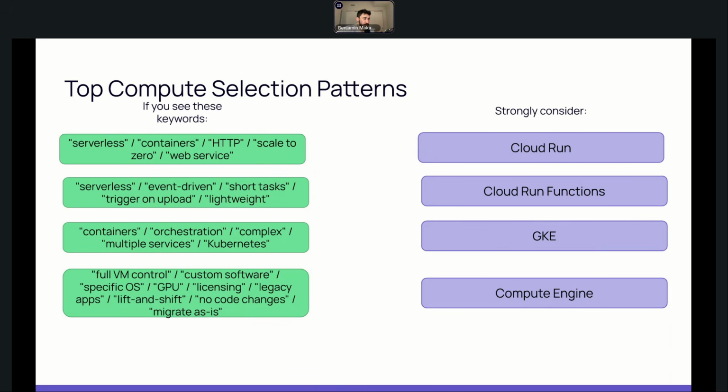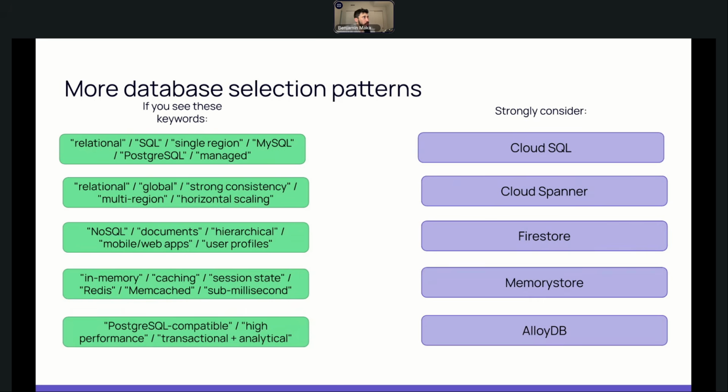So if you need full control over the VM, if you need to put custom software and not just use the software available through one of the other services, if you need a specific operating system, or adding GPUs, not necessarily in Vertex AI, if you want to bring your own license, or if you're bringing legacy applications to the cloud, doing lift and shift, and you don't want to change any of the code or adapt it for another service, migrating it as is, think of Compute Engine. I hope that makes sense.